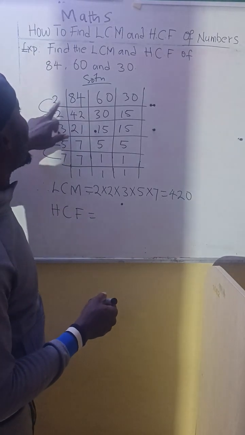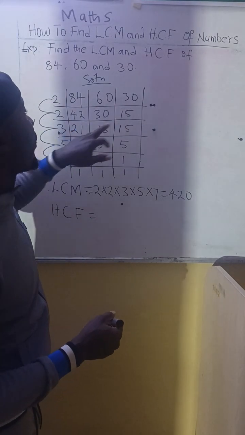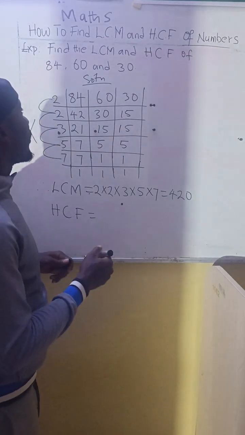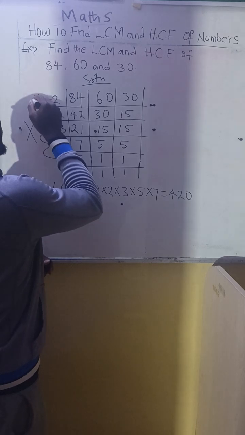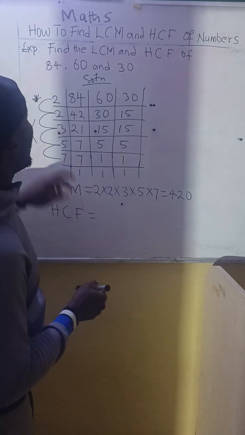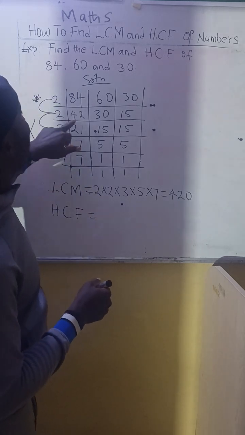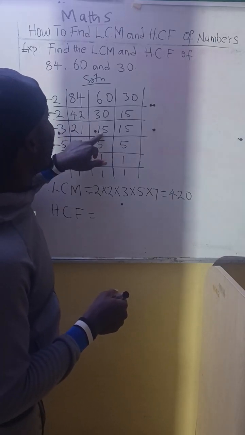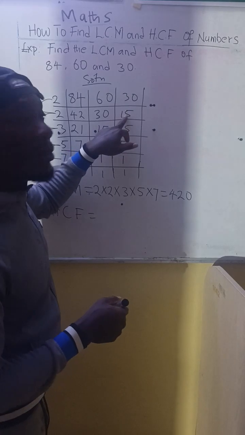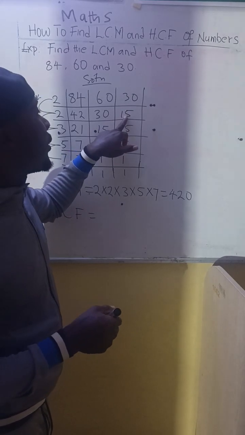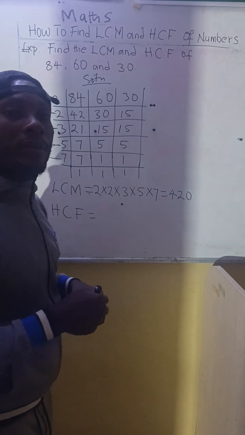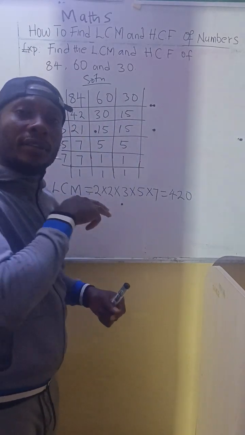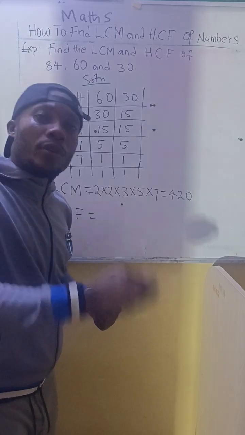Let's see the numbers that are common. The 2 here divides these 3 numbers without any remainder. So this 2 is common. What about this 2? This 2 divided this without remainder, and this without remainder, but it could not divide this; there was remainder here. So this 2 was not able to divide all the 3 numbers in a row.